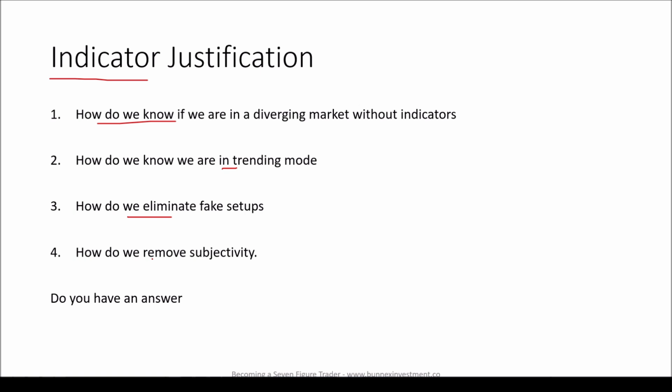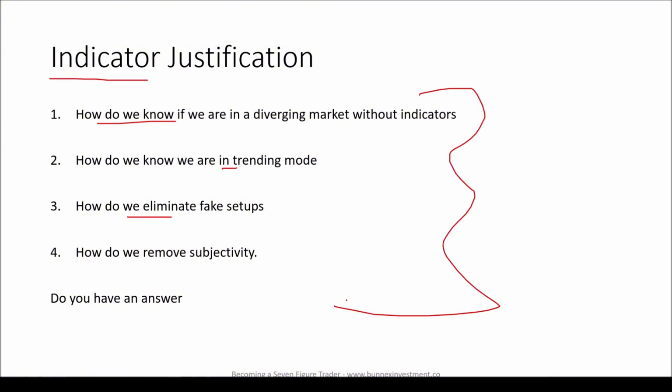But in my case and experience, I've actually seen that indicators will help you navigate the markets without any problem. Basically, indicators are not going to predict the market, is what the traditional traders would say, that if you see a cross of this and that, buy. If you see that and that, buy.